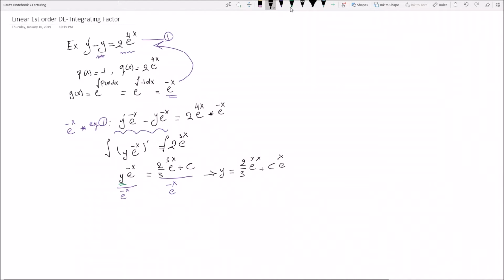Sometimes the question could be slightly different. It will give you the equation asking you to solve that first order differential equation using the integrating factor, but it provides you with an initial value, which is called an initial value problem.